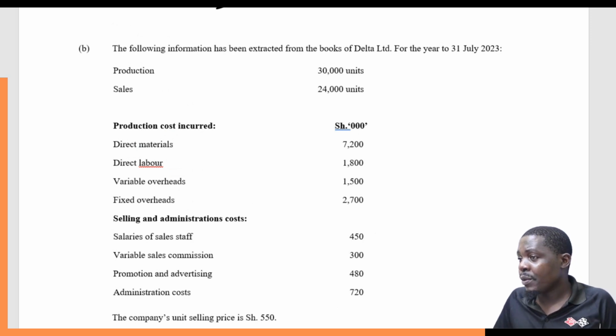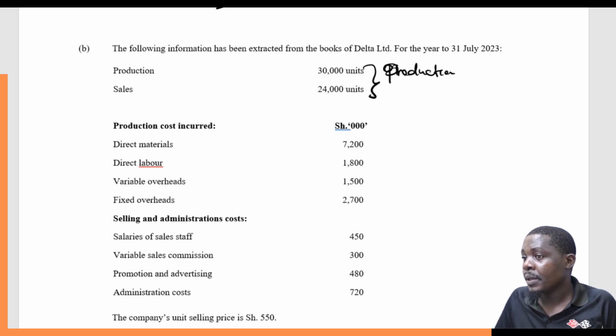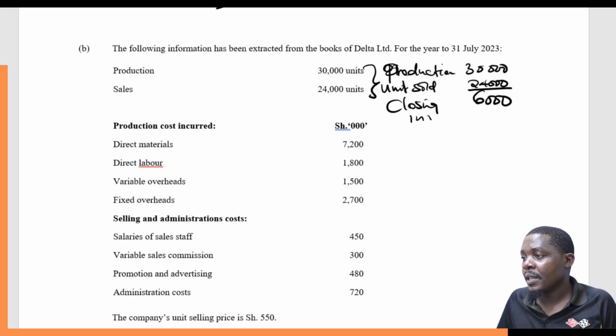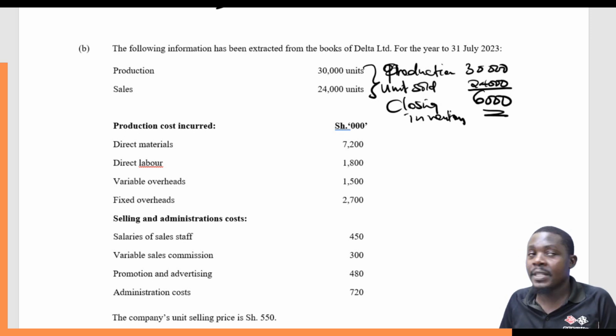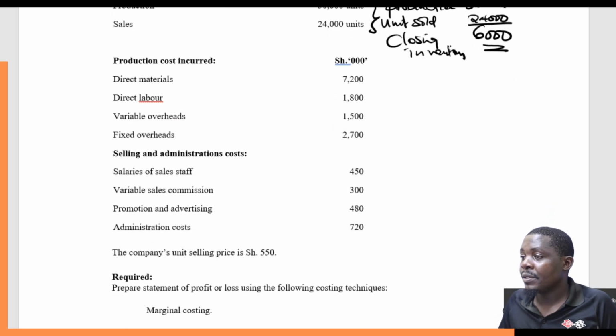Before we proceed, we can say that opening inventory plus production, which we have 30,000, less the units sold, is 24,000. Now the difference is 6,000. These are our closing inventory. Don't forget that we are going to use 6,000 somewhere as closing inventory.